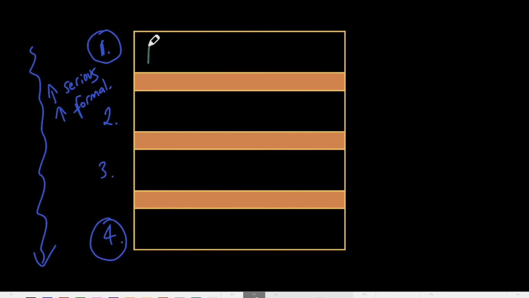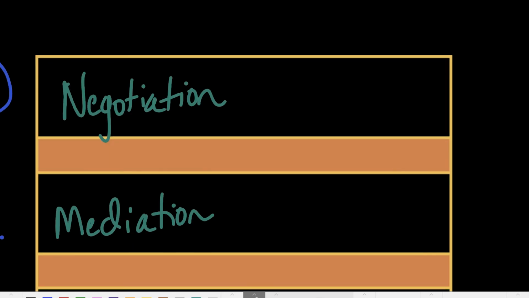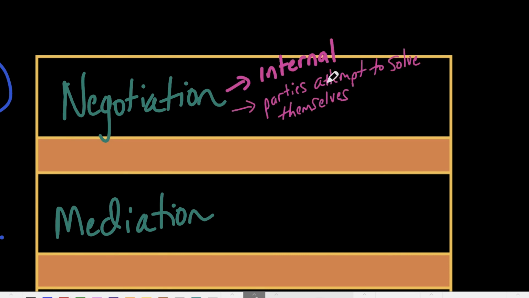We start with negotiation. If we are talking about negotiation, what we are saying here is that this is an internal process, internal to the business, and the parties who are in disagreement are attempting to solve the issue themselves. This is where we see the impact of the grievance procedures.